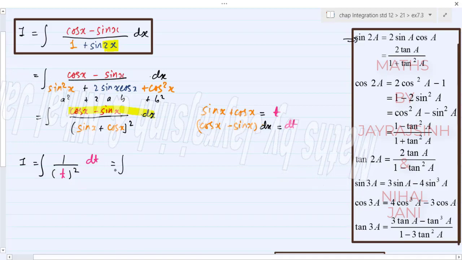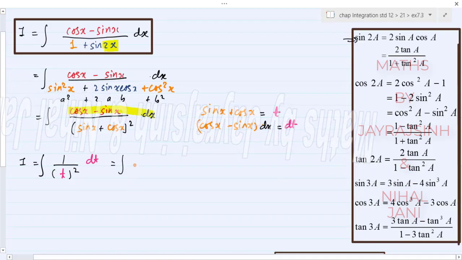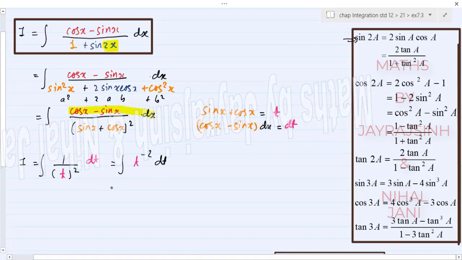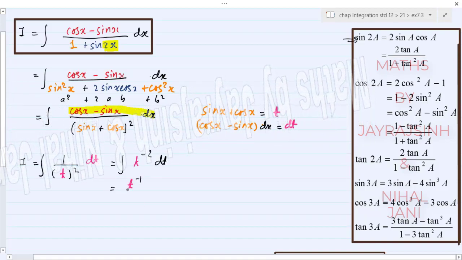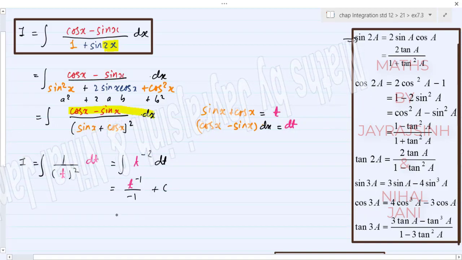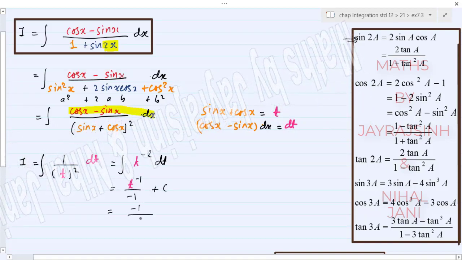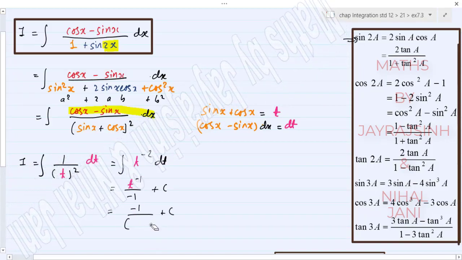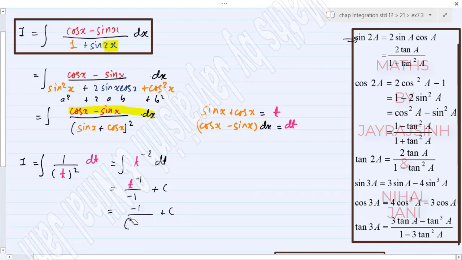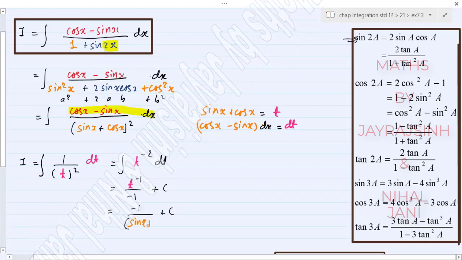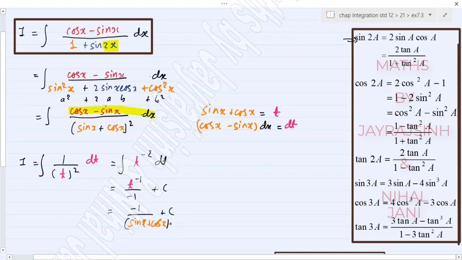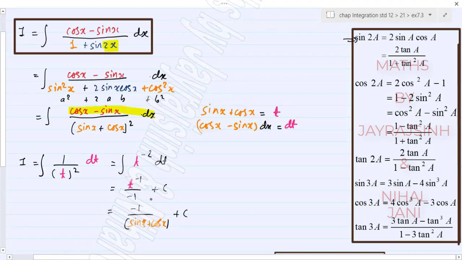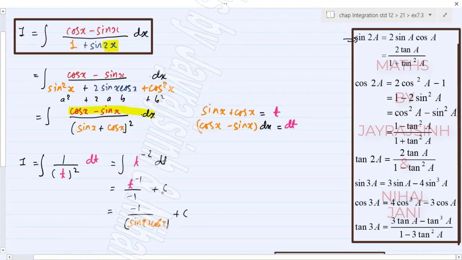So here we just have to integrate 1 upon t square, or we can say t raised to minus 2, which is t raised to minus 1 upon minus 1 plus c, which can be simplified as minus 1 upon t plus c. To get the final answer, just substitute the value of t, which is sin x plus cos x. So minus 1 upon sin x plus cos x plus c is your final answer. Ta-da!